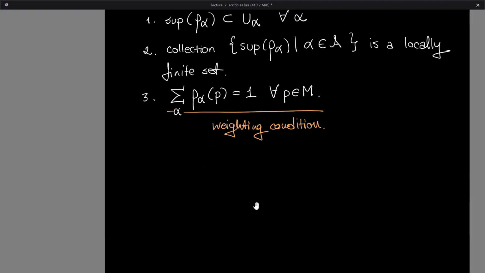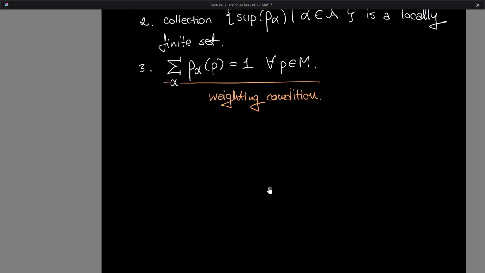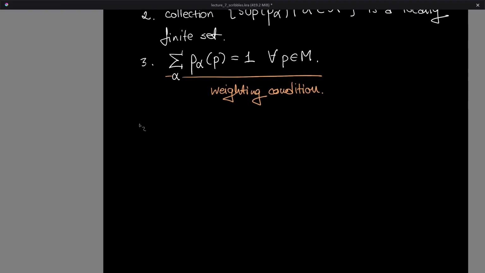Okay, so now that we have a partition of unity, and we've already talked about orientable charts, right? So now we can define an integration on the manifold. Definition, integration on the manifold, big result or big definition of this episode.